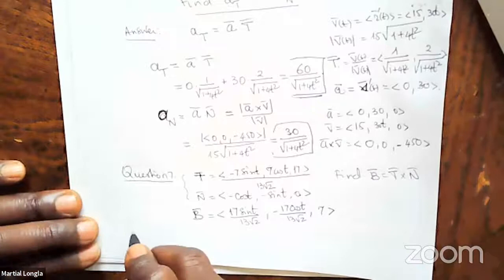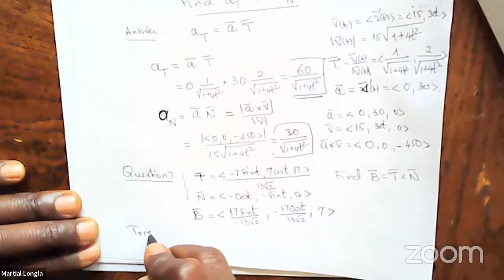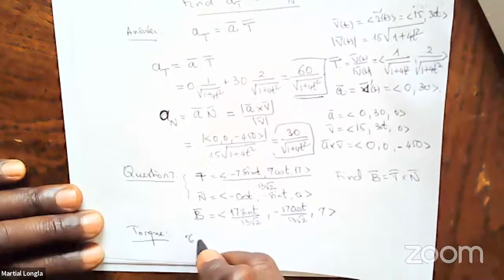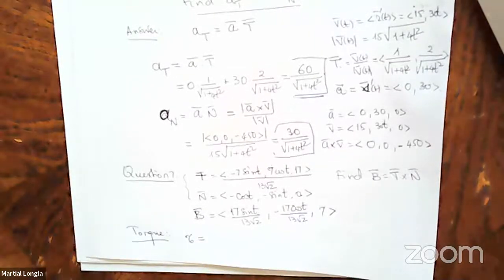There was a question about the torque. The formula of the torque, what is it? Tau equal what? Sydney?